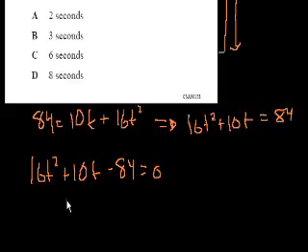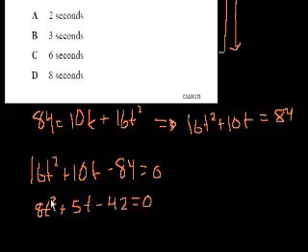The first thing we could do is simplify this a little bit. Everything here is divisible by 2, so dividing both sides of this equation by 2, this is 8t squared plus 5t minus 42 is equal to 0. And then we can use the quadratic formula.